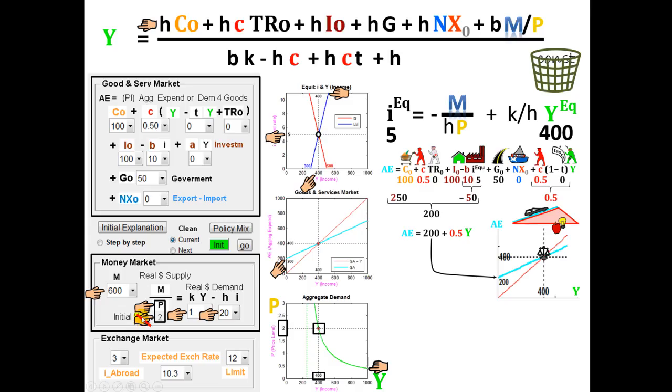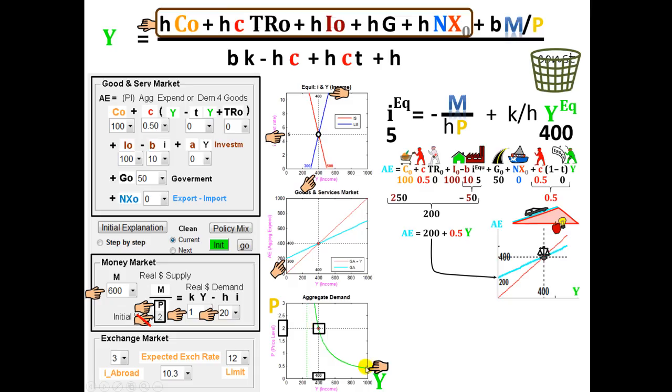So we don't include that P is 2, we leave P free, and then we will get Y free. So the only variables that we have here are Y and P, and then we get this curve. And that's it. We found the expression for the aggregate demand curve.